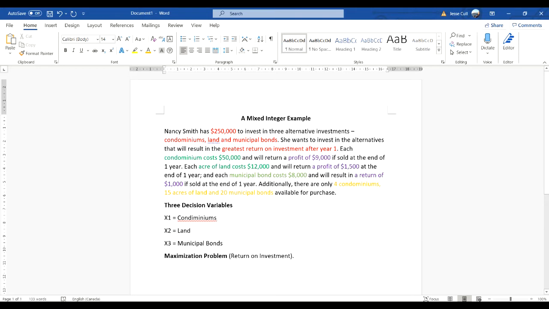So now that we've highlighted all the key information, it hasn't been totally clear yet, but we have the key information to A, put together our objective function, and B, highlight our constraints. So let's do that now.